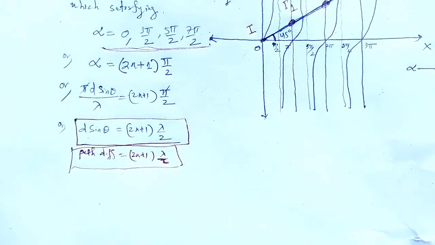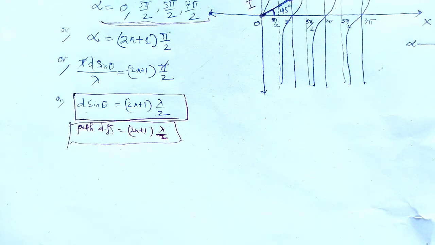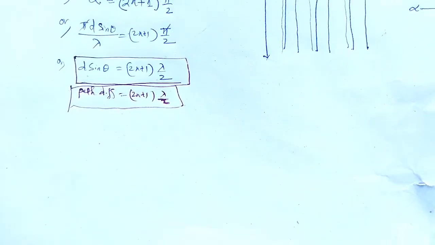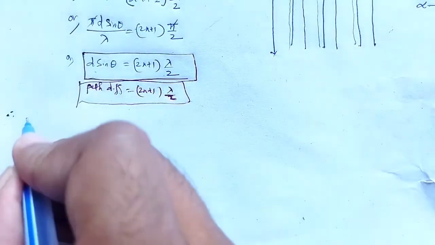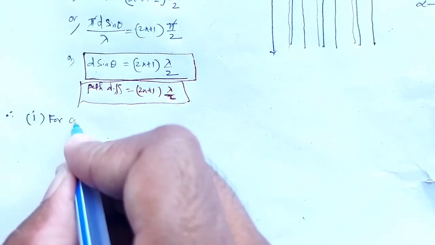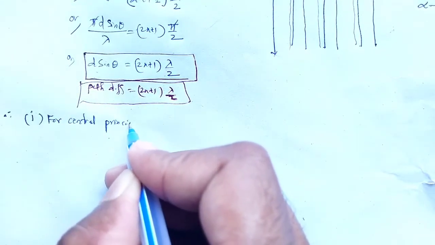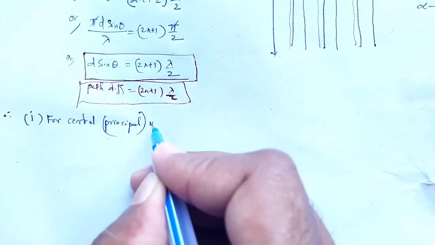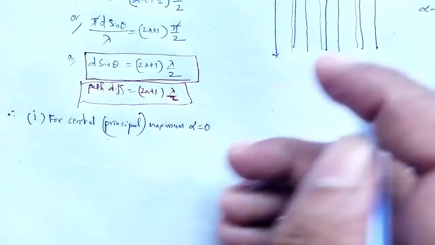Now, using these expressions, we can easily find out how the intensities are distributed. For the central, or we can say principal maximum, alpha is equal to 0.